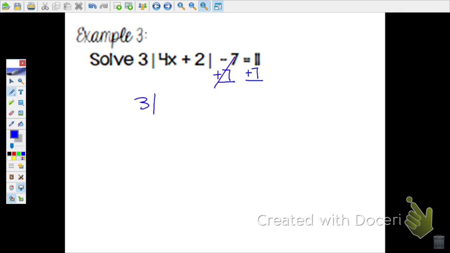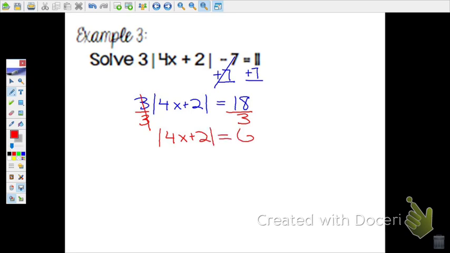So 3 times the absolute value of 4x plus 2 equals 18. Then I can get rid of the 3 by dividing. Absolute value of 4x plus 2 equals 6. So I got the absolute value all by itself.